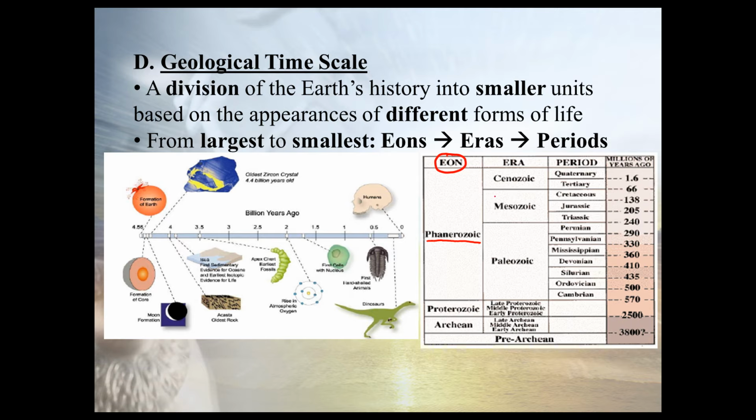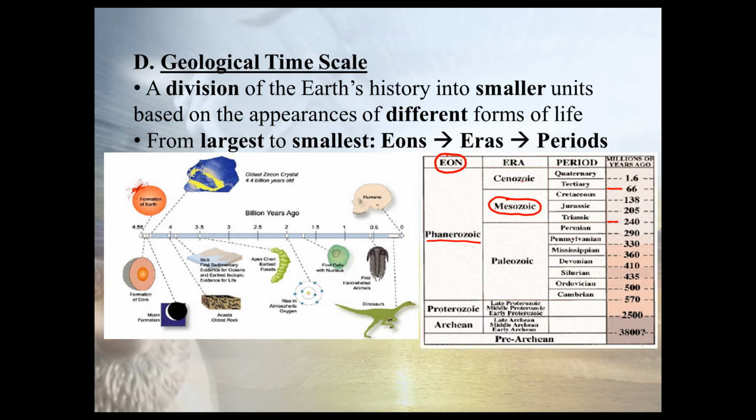So let's take this one, the Mesozoic era. Again, I'm not totally sure how to pronounce this. An era is a smaller period of time. So this era would only go from 66 million years ago to 240 million years ago. So that would be, I believe, 174 million years. If you went 240 minus 66, I think that's right.